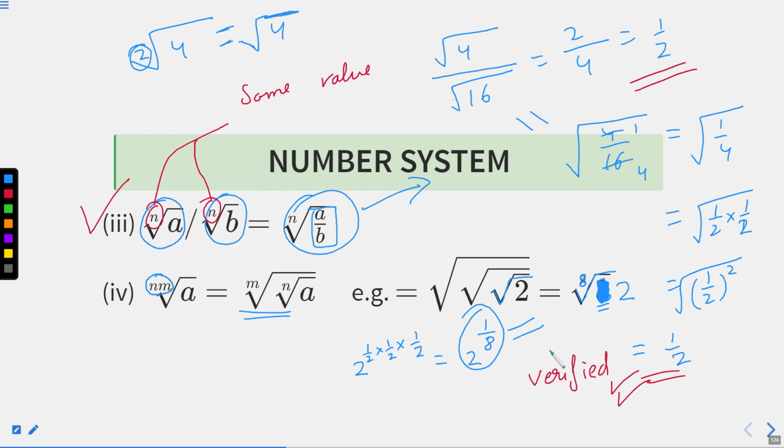Clear? So the simplified form for this is the eighth root of 2.